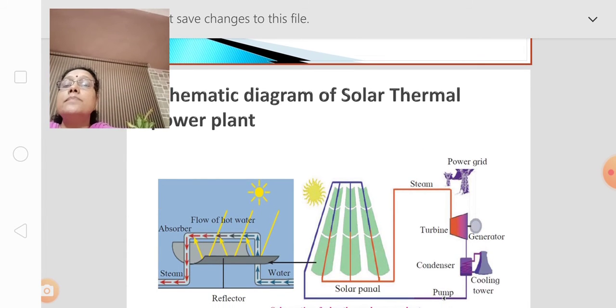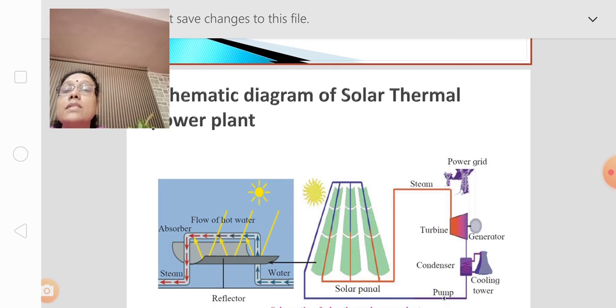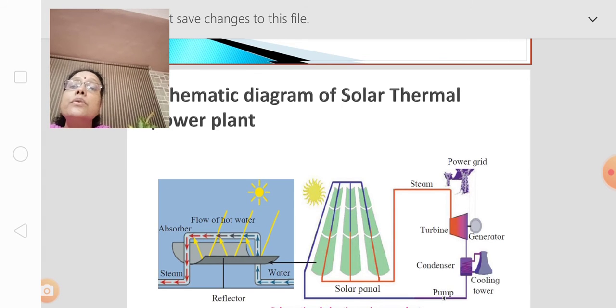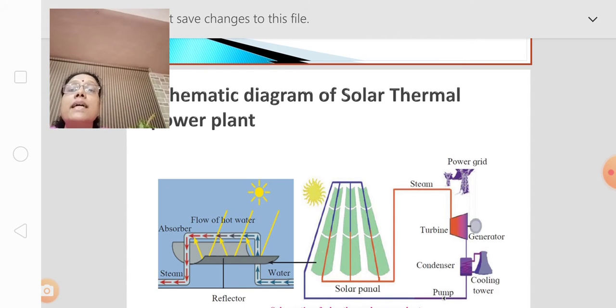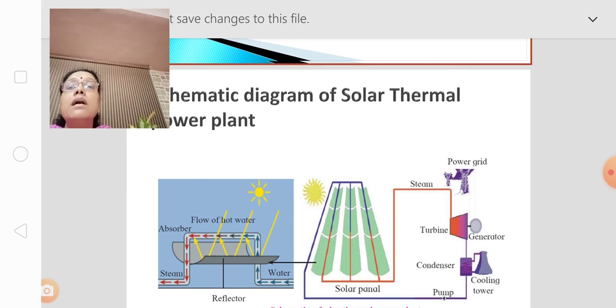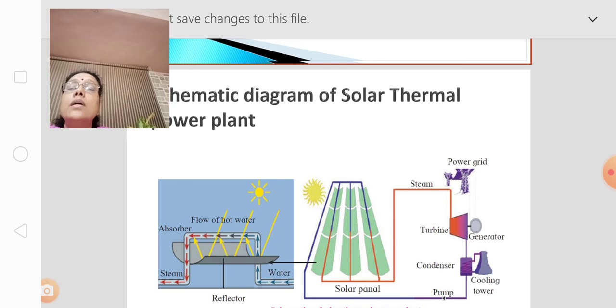Flow of the water: reflector first, then from the solar panel sunlight is trapped and that is used for boiling the water, and then the steam rotates the turbine and it produces electricity and is stored in the power grid. Again this steam is cooled and sent back to the reflector for the next cycle. So this is a schematic diagram of a solar thermal power plant.